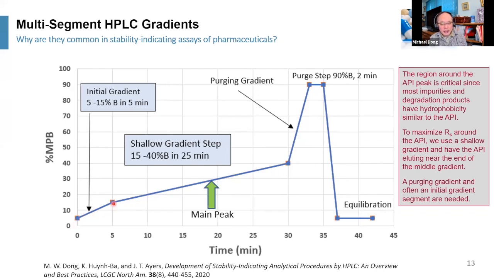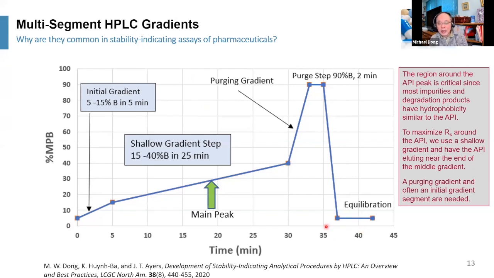If you just use a shallow gradient, it might not have enough retention for some of the degradation product. And you definitely need a purging step and an equilibration step, right? So here is a multi-segment gradient. The total analysis time is 42 minutes, right?